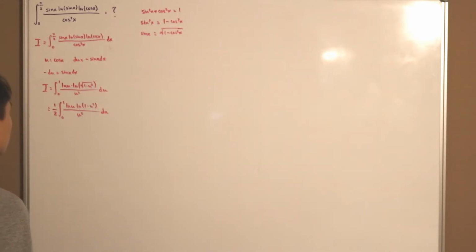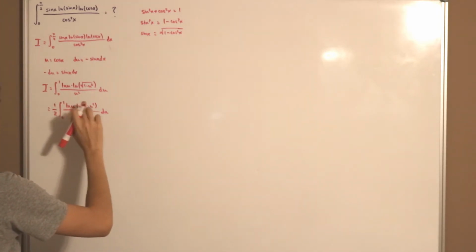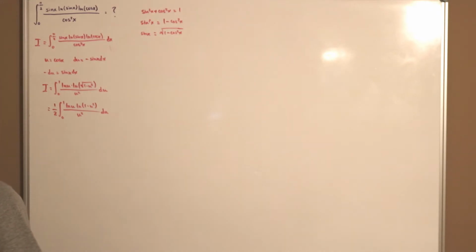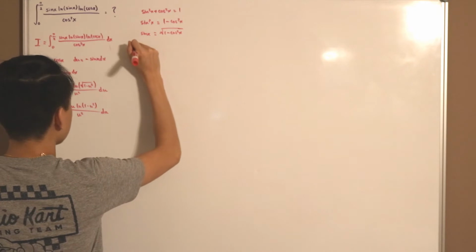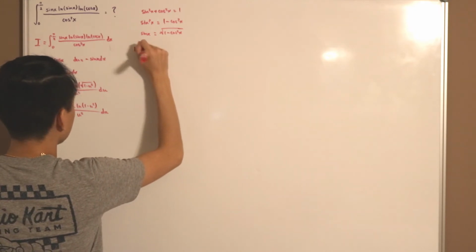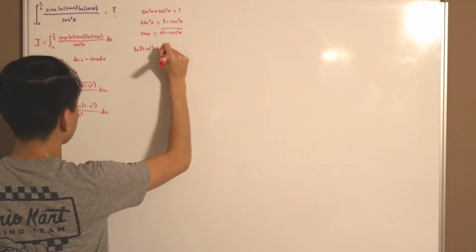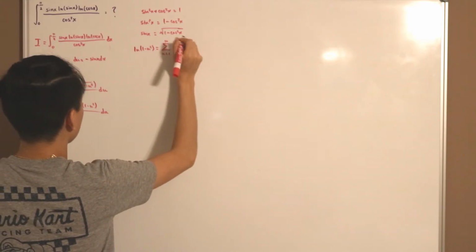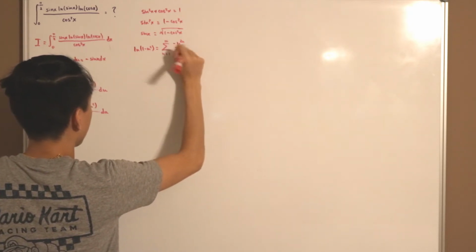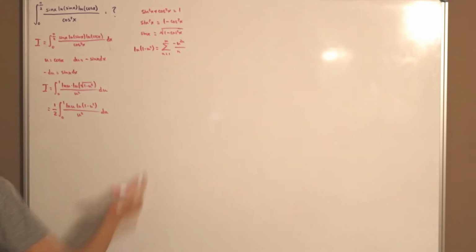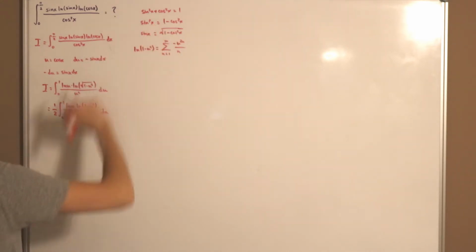Now, the next thing we're going to do is use the power series representation of the natural log of 1 minus u squared. Note that ln of 1 minus u squared is equal to the summation from n equals 1 to infinity of negative u to the 2n divided by n. We can distribute out the summation symbol and the negative 1 over n.